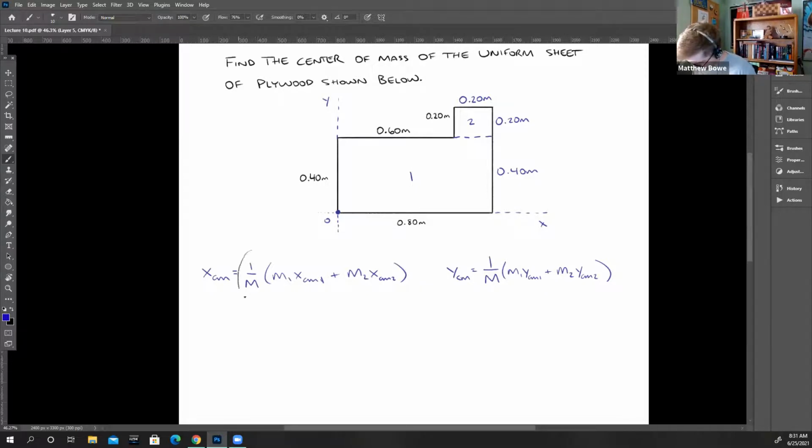So hopefully you saw this would be m1 over capital M, or m2 over capital M. Instead of doing that, I'm going to do area 1 over total area times center of mass 1, plus area 2 over the total area times center of mass 2, like that.